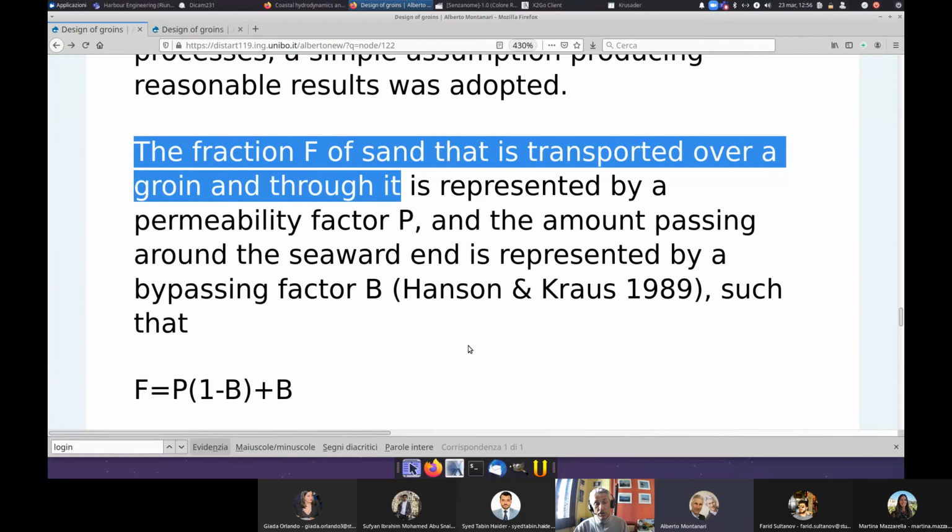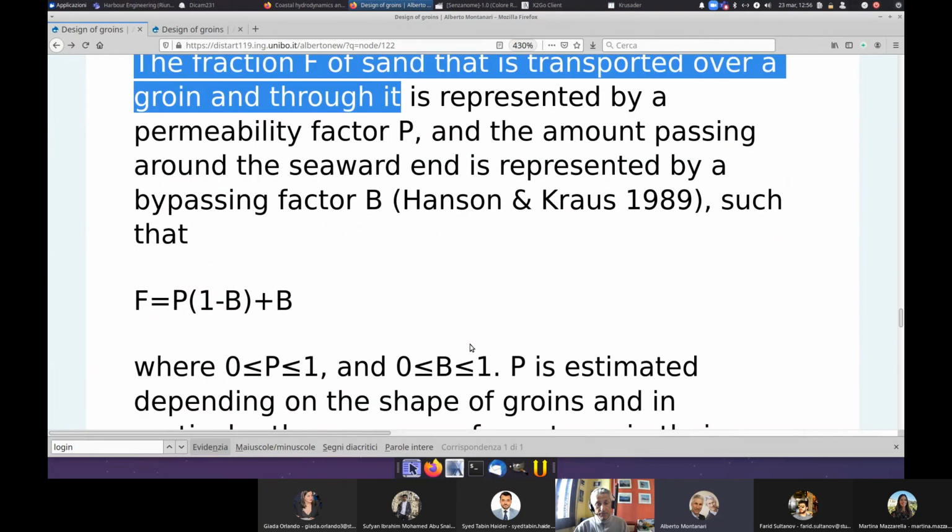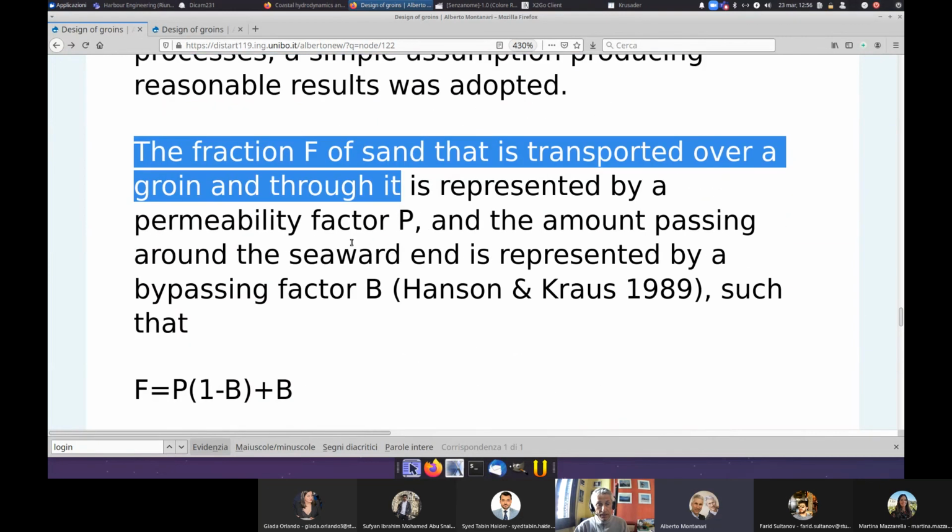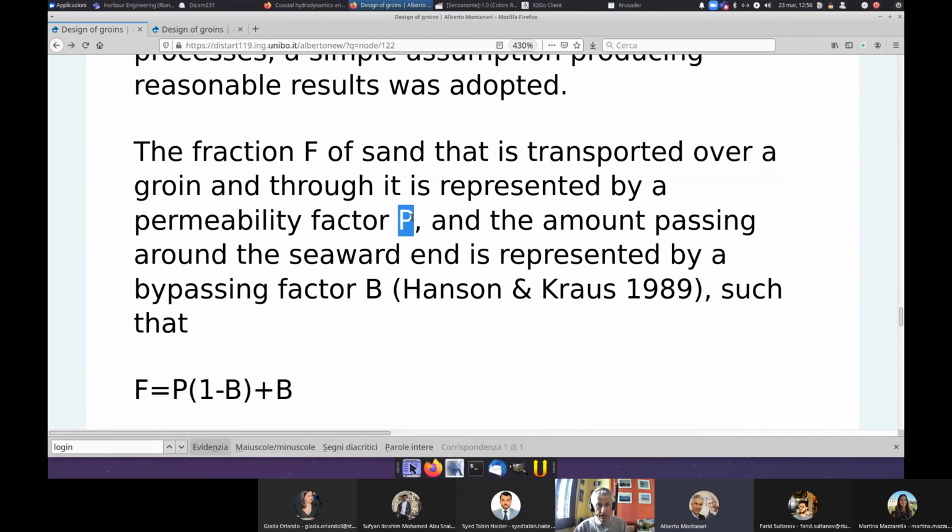So in general, we have a permeability factor, P, which is an independent variable of this relationship because, again, we want to estimate the fraction F of sand, a fraction of what? Of the longshore sediment transport.